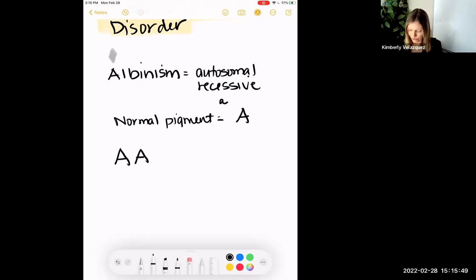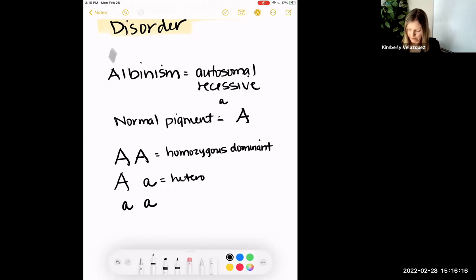A person could get two normal, one of each, or two of the disorder alleles. This person would be homozygous dominant, heterozygous, homozygous recessive.